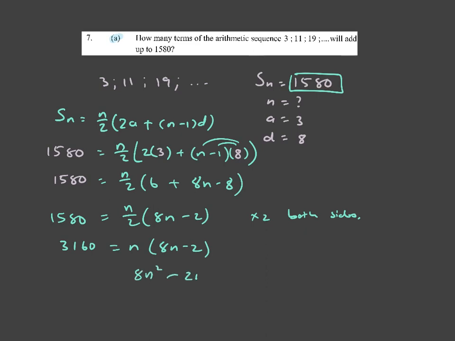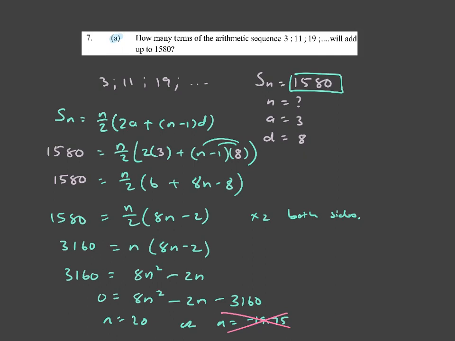8n squared minus 2n is equal to 3,160. Subtract on both sides to get into the right order. 8n squared minus 2n minus 3,160 is equal to 0. And then if you solve that using the quadratic formula, you're going to get n is equal to 20, or n is equal to minus 19.75. 19.75, of course, is totally crazy.